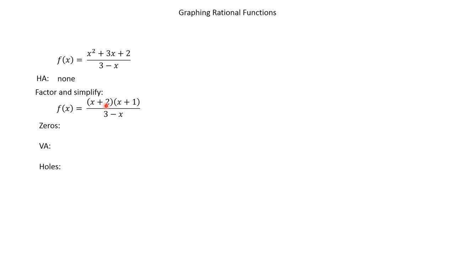Let's see, x plus 2 equals 0, so x would equal negative 2. x plus 1 equals 0, x equals negative 1. So we have zeros at negative 2 and negative 1. Our vertical asymptote would make the bottom 0. 3 minus x equals 0. Add the x, so x equals 3. And the holes, nothing canceled, so we don't have to worry about any holes right now.